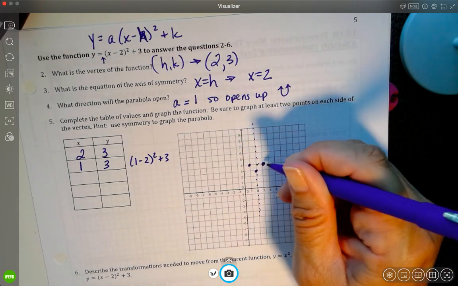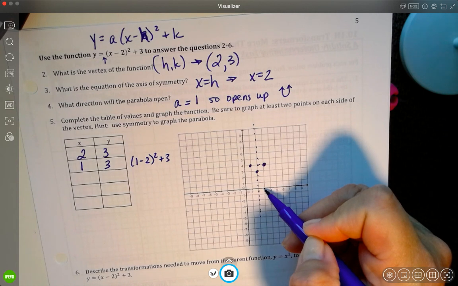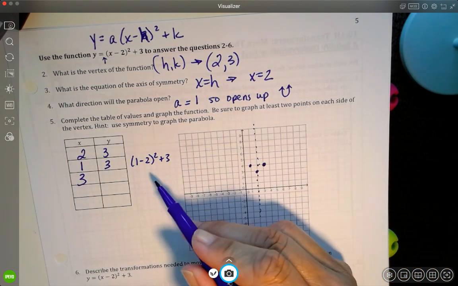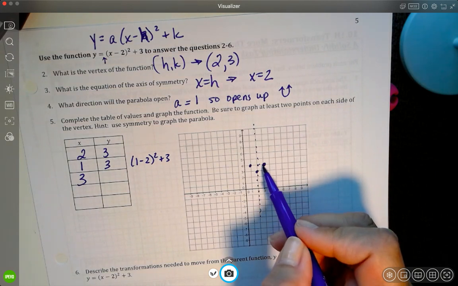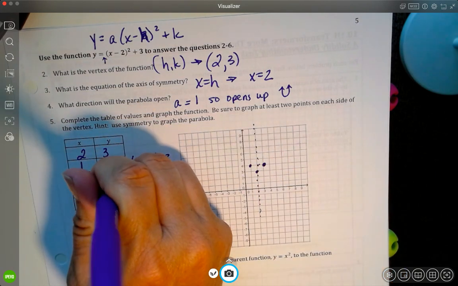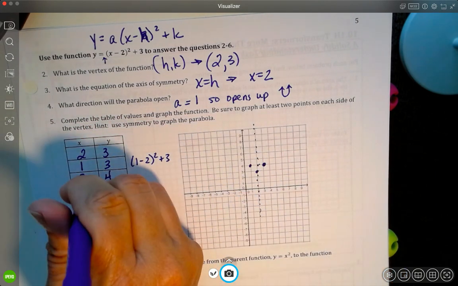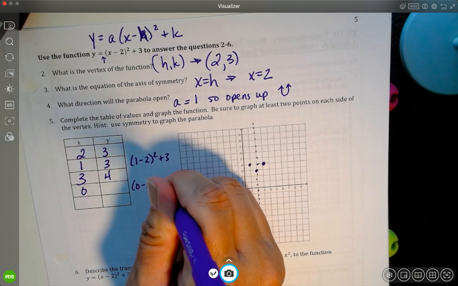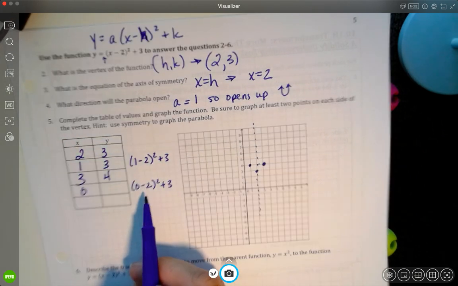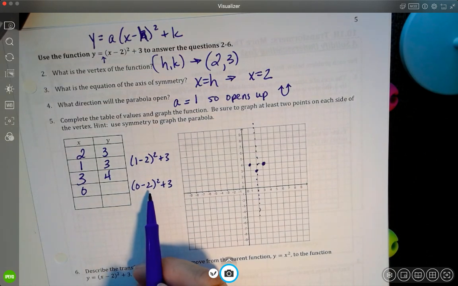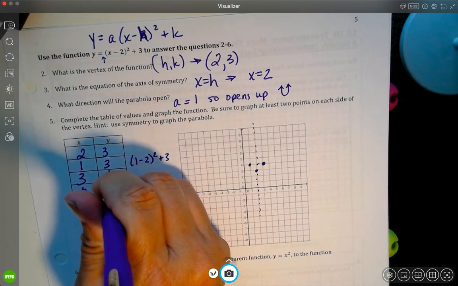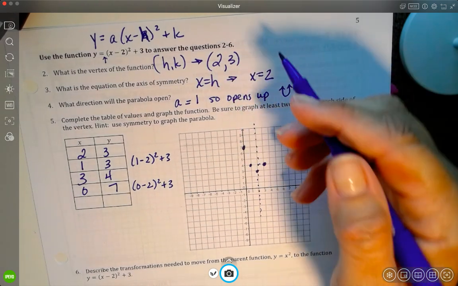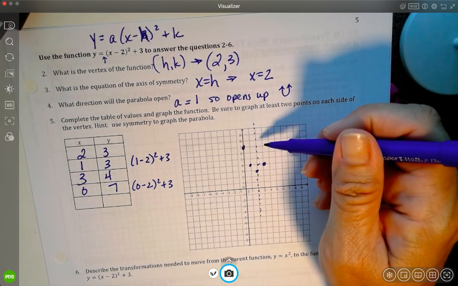So I already know that if I plug in 3 to this function, I'm going to get 4. So (3, 4). And then maybe I choose 0. So plug in 0. So 0 minus 2, quantity squared, plus 3. 0 minus 2 is -2. -2 squared is 4, plus 3 is 7. So (0, 7). I'm going to go ahead and graph that. And then, again, I can use symmetry to graph it.